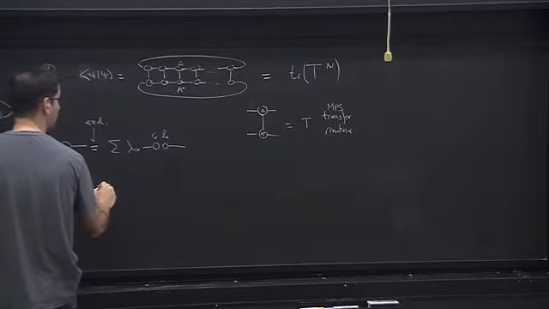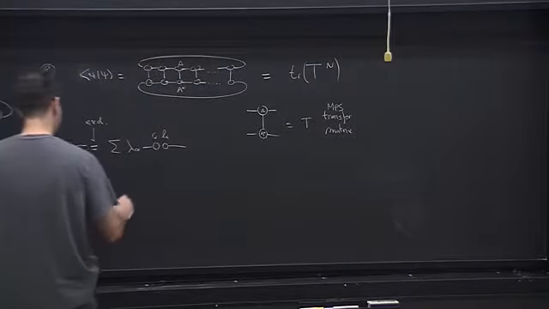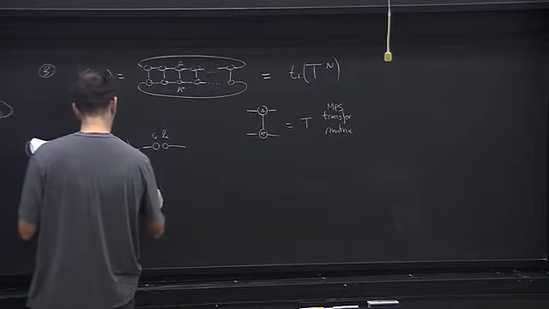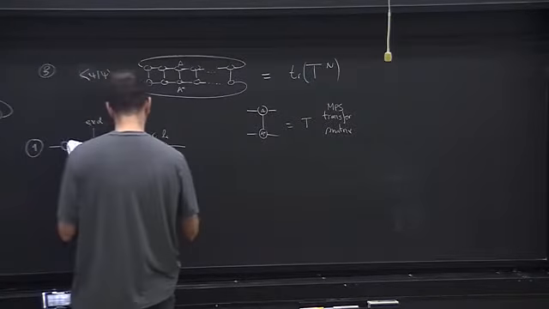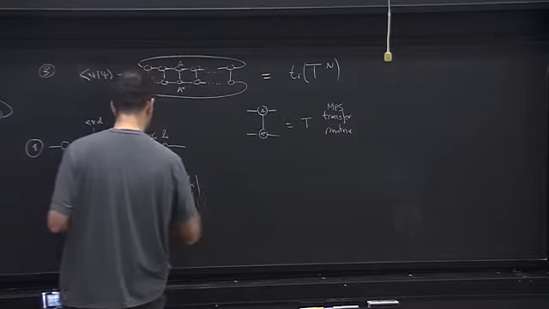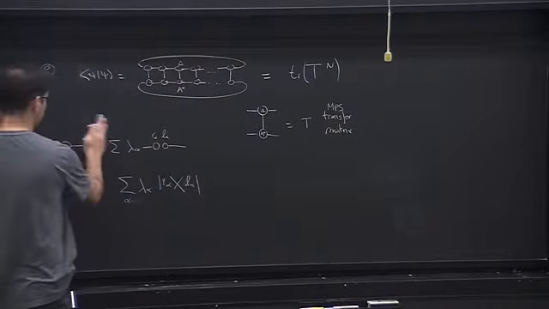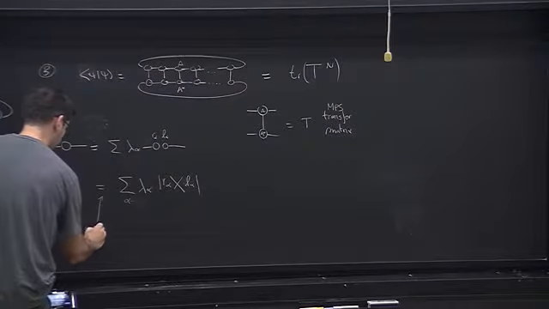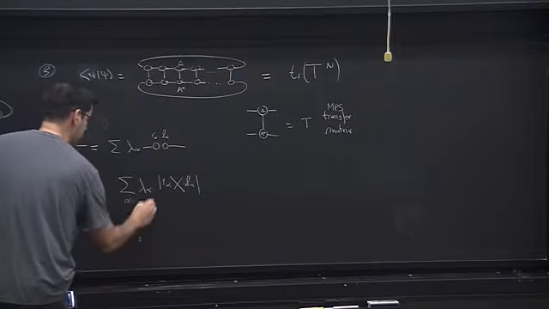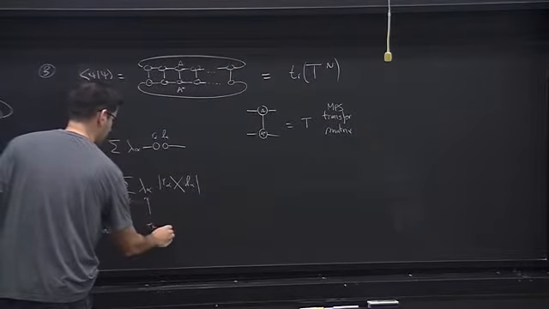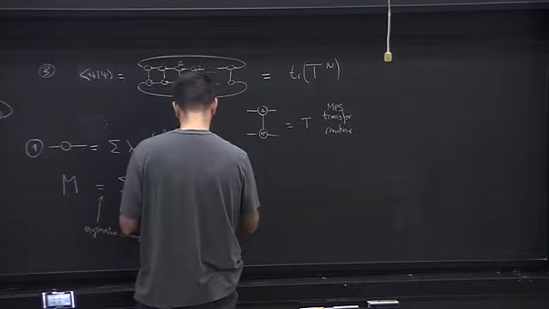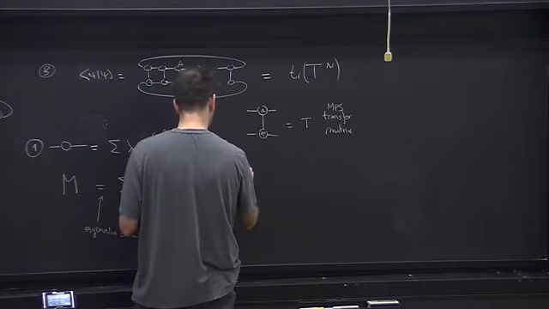Given a matrix M, we can decompose it as a sum over some index alpha of its eigenvalues, lambda alpha, and then right and left eigenvectors. This is the eigenvalue decomposition. These are the eigenvalues. And these left and right eigenvectors fulfill that they are a biorthonormal basis.